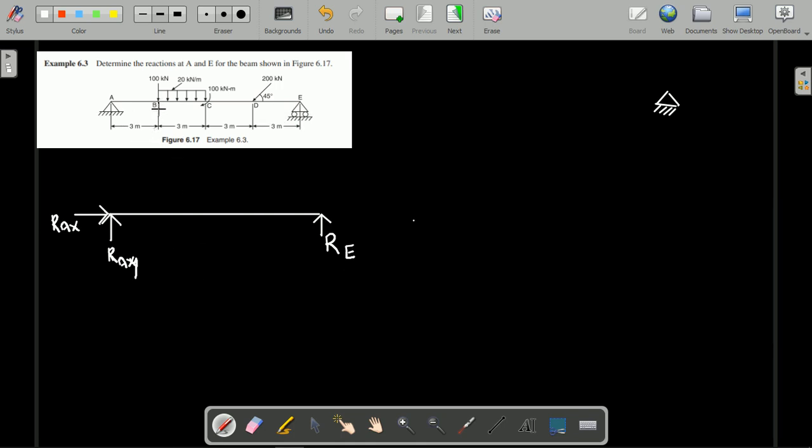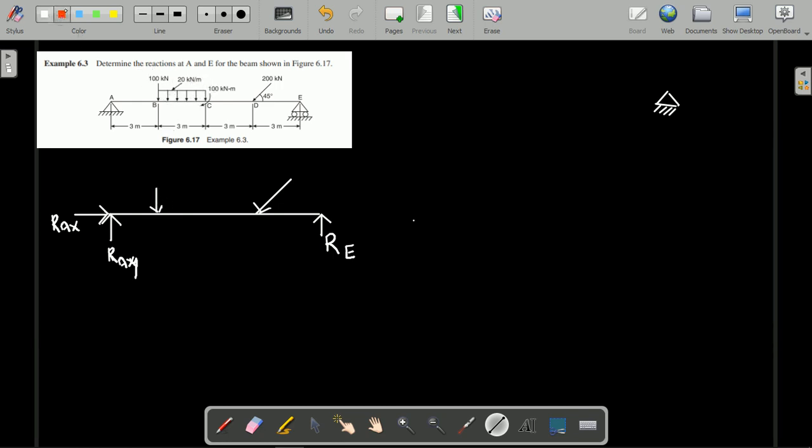So whatever the load is given, you need to write on the beam. So now 100 kilonewton is there, you just write the 100 kilonewton as it is. And again here at the point D we are having one inclined force, just write the inclined force here. And here we are having the UDL.